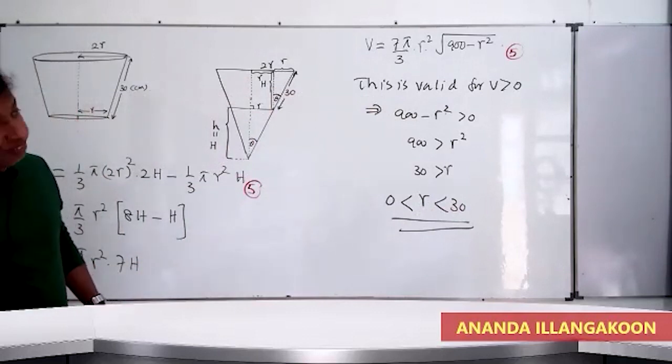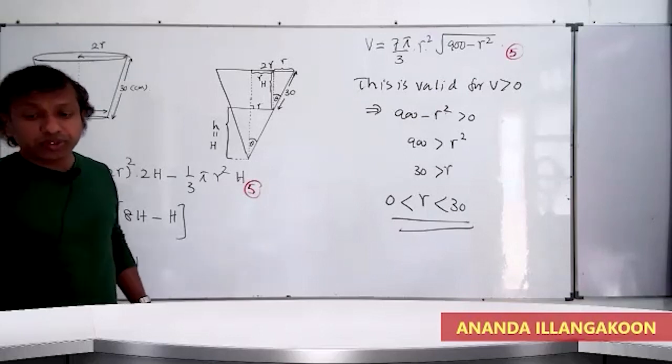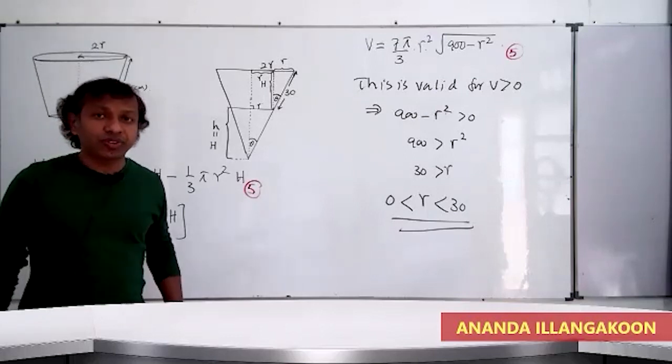Now we have to differentiate this. What is it asking to find? Find the value of R such that the volume of the basin is maximum. The R value we have to determine is the one for which the volume of the basin is maximum.